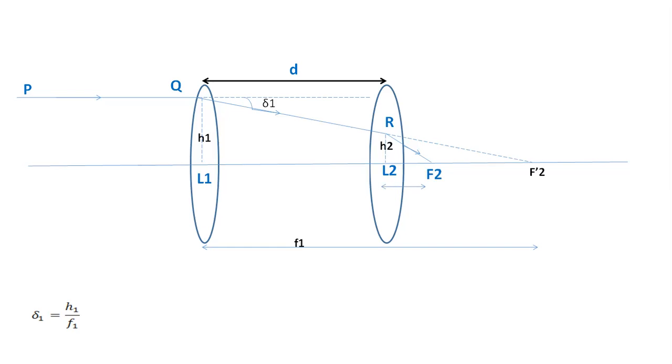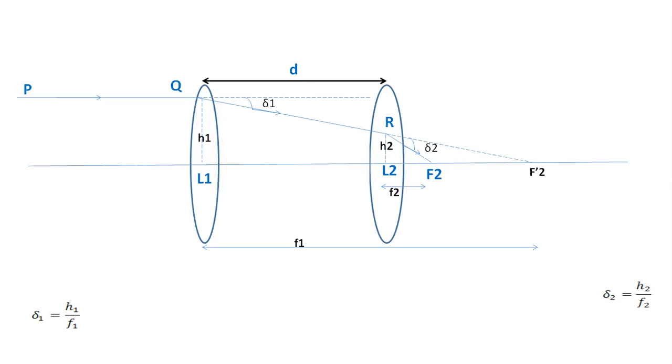We know the distance between L2 and F2 is nothing but the focal length of the lens L2, that is f2. Now, this is the deviation produced, delta 2. We know the expression for delta 2 here. Delta 2 is equal to h2 by f2. We have calculated the deviation produced by the first lens as delta 1, and the deviation produced by the second lens as delta 2.